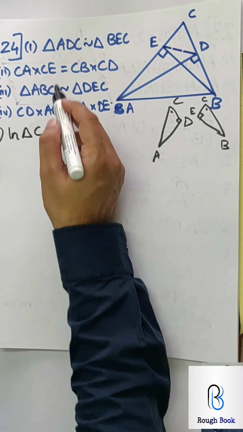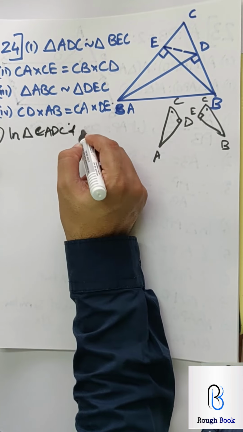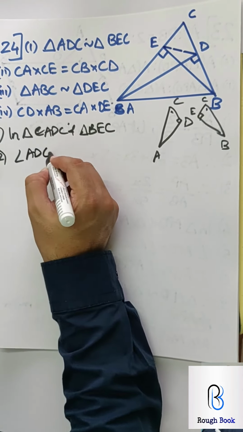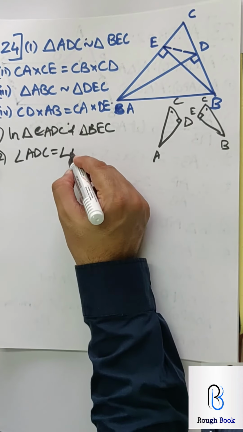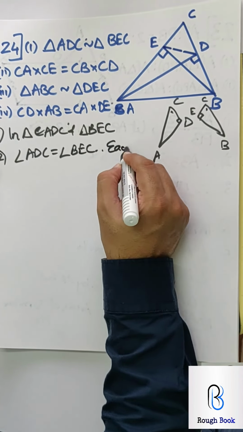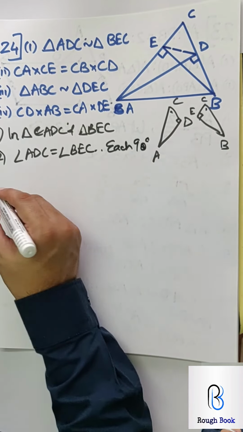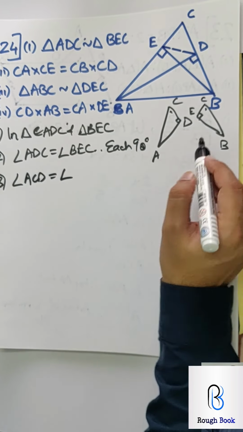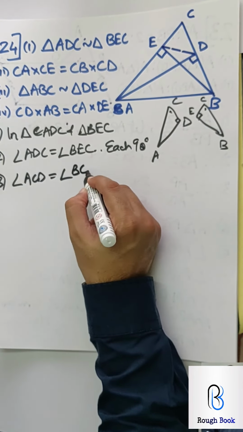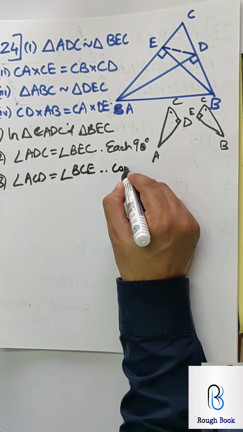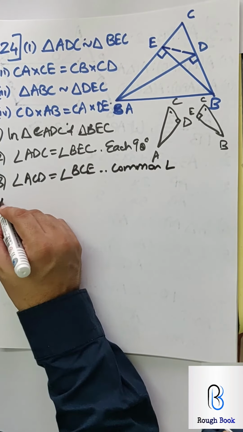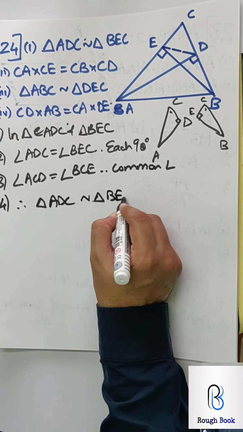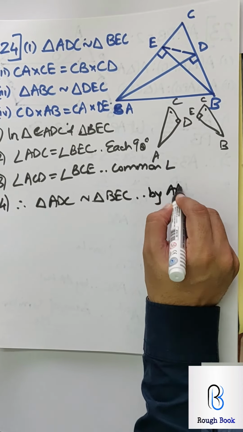So in triangles ADC and BEC, angle ADC equals BEC, each 90, and angle ACD equals BCE, reason common angle, and therefore triangle ADC is similar to BEC by AA test.